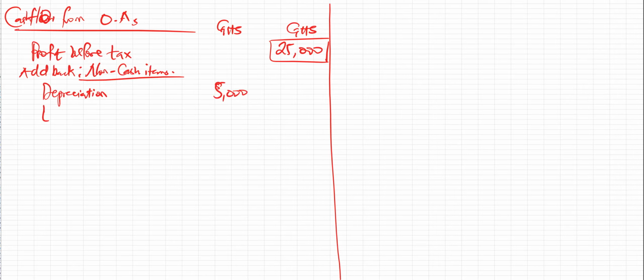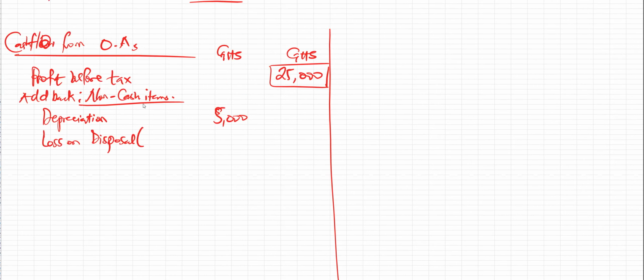Then they said there was loss on disposal. In the P&L, I would have taken it from profit, true. But because we are doing cash flow, we are reversing it, because depreciation was also taken out of profit. Because we want to get a cash portion, we reverse anything which is non-cash. We are adding them back.